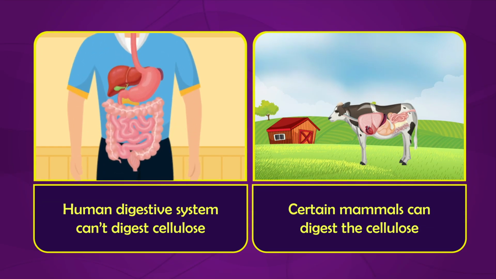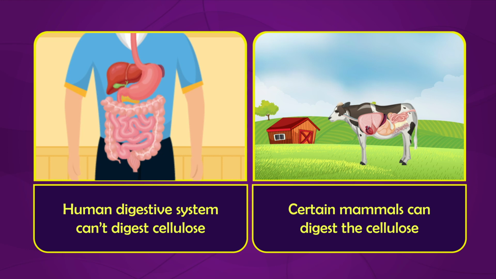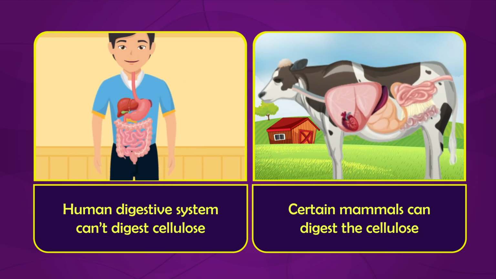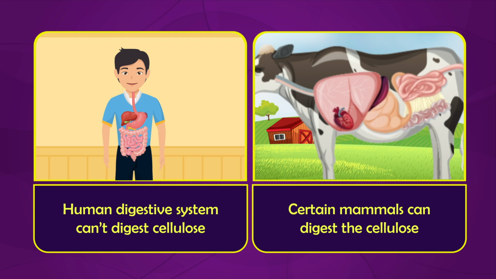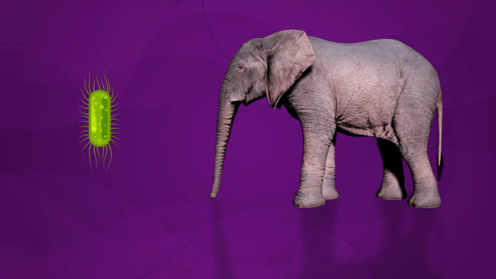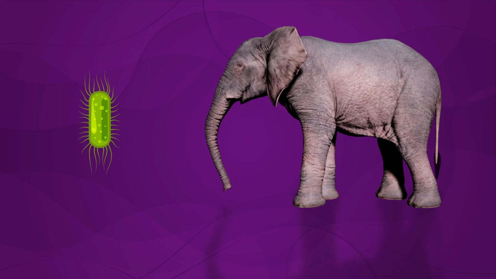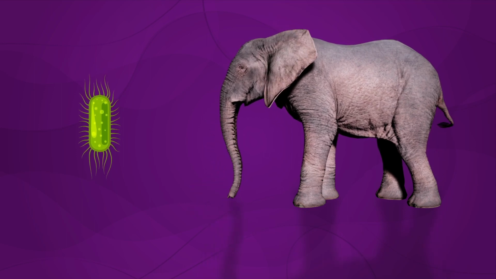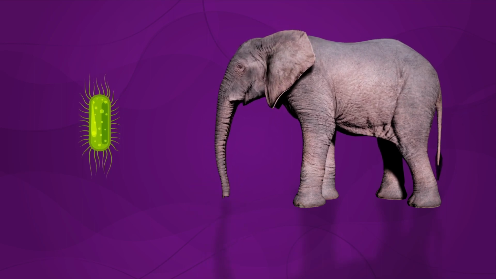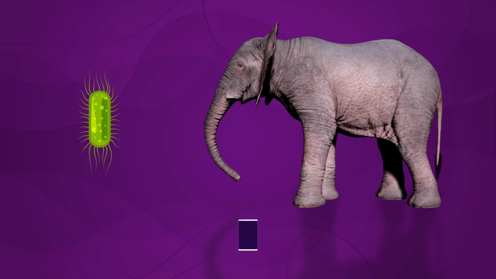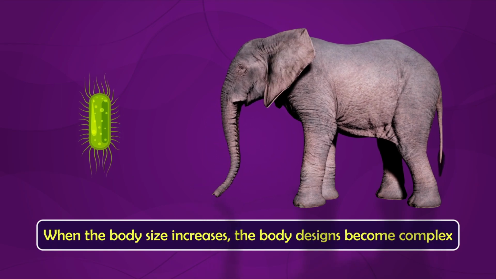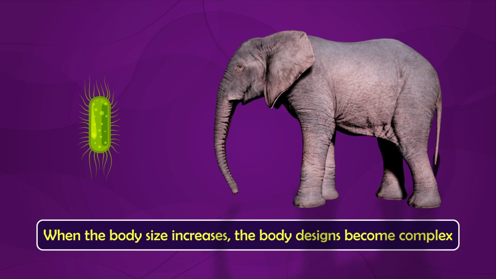The human digestive system can't digest cellulose, but certain mammals like the horse, cow, etc. have a digestive provision for digesting cellulose. Like nutrition, all other life processes are simple in simple organisms and complex in complex organisms. When the body size increases, the body designs become complex.